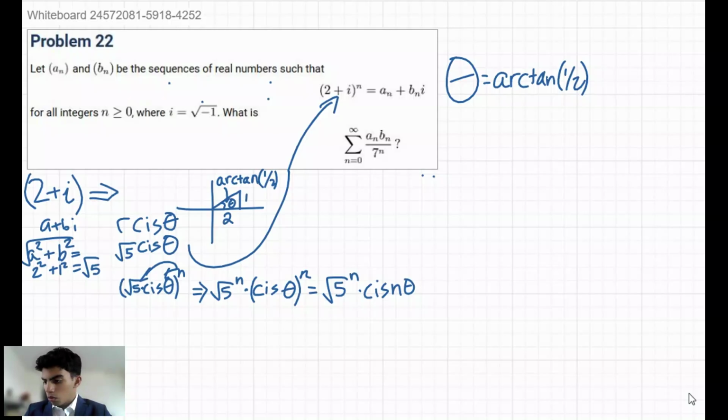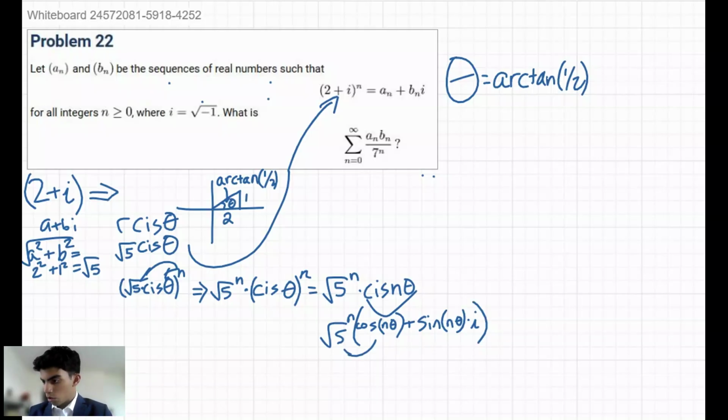Okay, we're essentially asked to find a sub n and b sub n so that we can multiply those two values together. And so we can find the components of this term. Cis of n theta is essentially cosine of n theta plus sine of n theta times i. So now we can distribute the square root of 5 to the n to both of these terms.